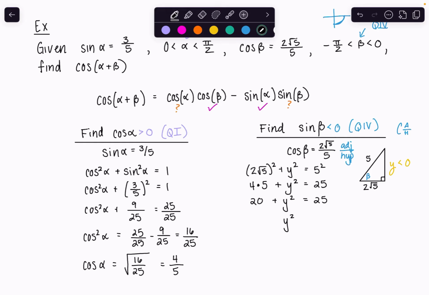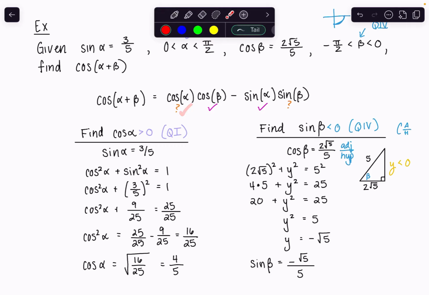Subtracting the 20 gives us y squared is 5. And then we get y equals negative square root of 5, because again, I'm in quadrant 4. Okay. So this tells me sine of beta is going to be negative square root of 5 over 5. Okay. So now I have everything I need.